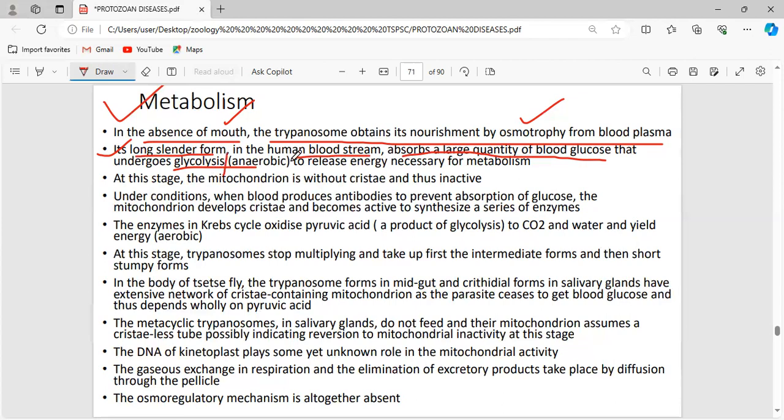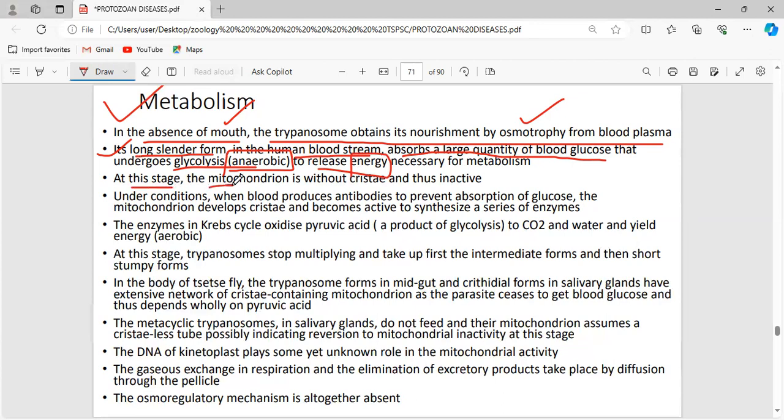But here, in the anaerobic process, this glucose is converted into lactate, and this is also called glycolysis. Why does glycolysis happen? Because when it undergoes glycolysis, it releases some energy, and that energy is used by the protozoan for its metabolic activities.